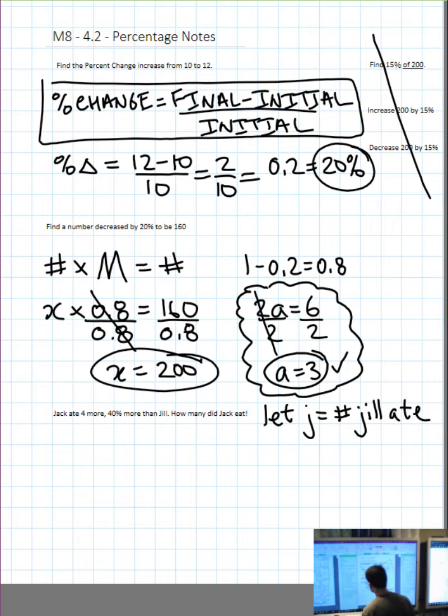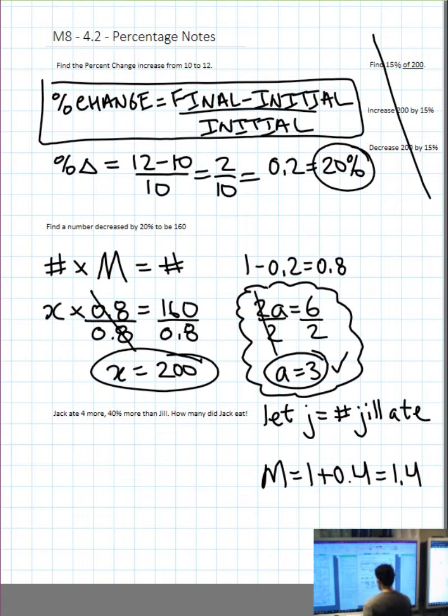Now keep in mind, Jack and Jill, bad names because J and J, and it doesn't work very well, but that's why we declare our variables. So first of all, 40% more than Jill. What's our multiplier? Well, that's just simply 1 plus 0.4 equals 1.4. Our multiplier is 1.4.